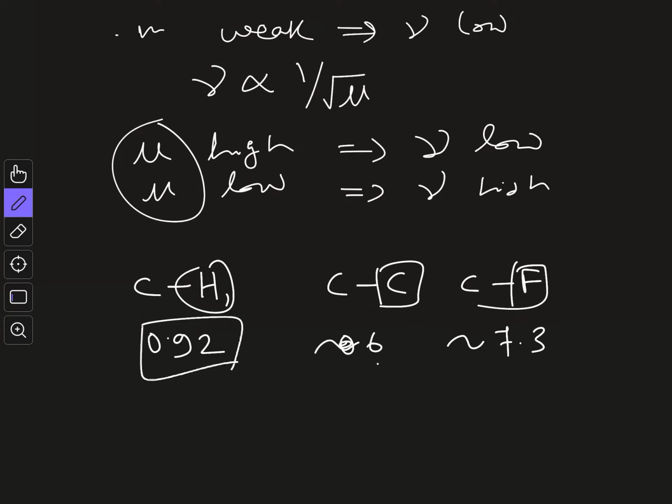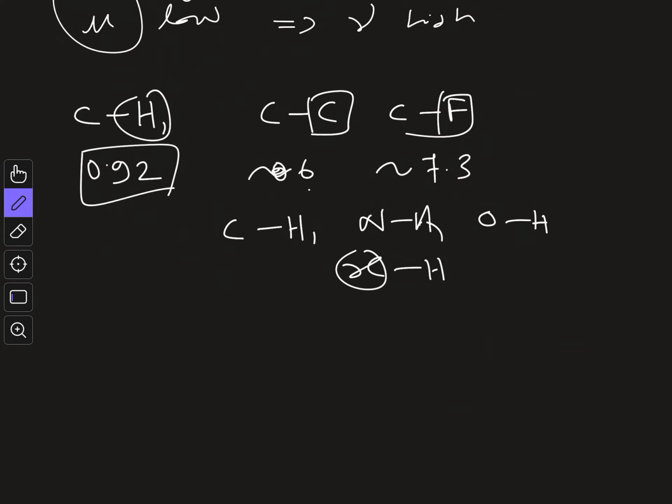So that means whenever you consider a CH bond or NH bond or OH bond, in general we say it XH bond, where this X represents C, N or oxygen. So this XH bond has very high stretching frequency. Why? Because it has very low reduced mass. So any XH bond will always have very high stretching frequency.